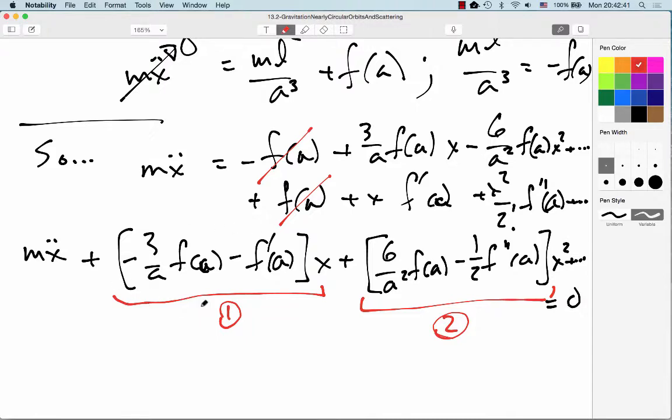If this evaluates to be negative, then we just fly off. Here, if we get an x squared, we're just plain going to fly off if this is anything other than 0, thinking back to our treatment of the harmonic oscillator. So for even-powered terms, that's what will happen there.